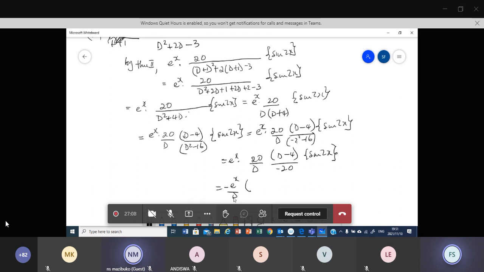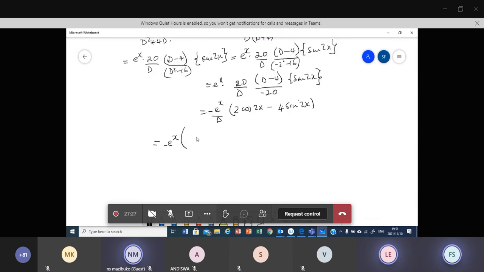That is 2 cos 2x minus 4 sine 2x. But now there is that 1 over D, which means integrate. That gives us minus e to the x into the integral of that. The integral of sine 2x is positive cos 2x.